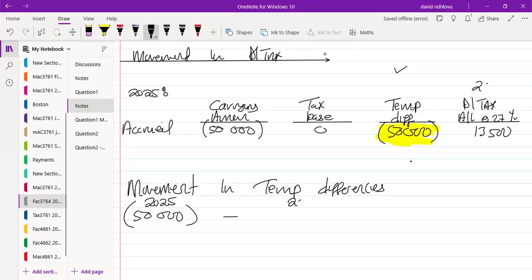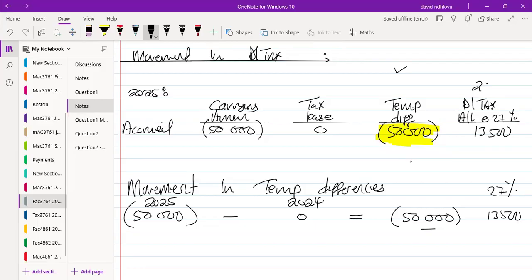Then you subtract the temporary differences at the end of the previous year. But we said this is a new company. It has not yet operated before. So the answer is 0, which means our movement is going to be 50,000, which is negative, leading us to a deferred tax of 13,500. So here you are multiplying by 27% on that figure. So for the calculation of deferred tax using the statement of financial position, this is how your calculations are going to look.